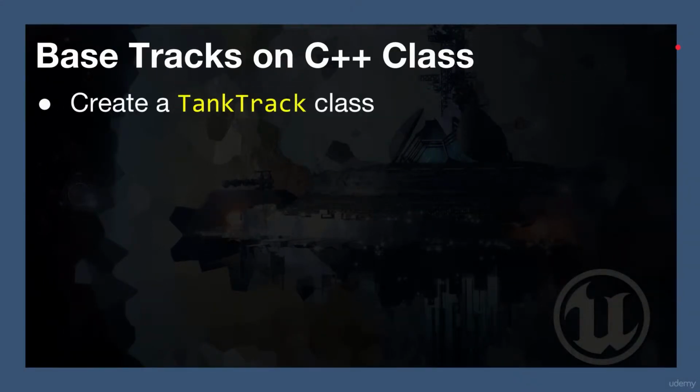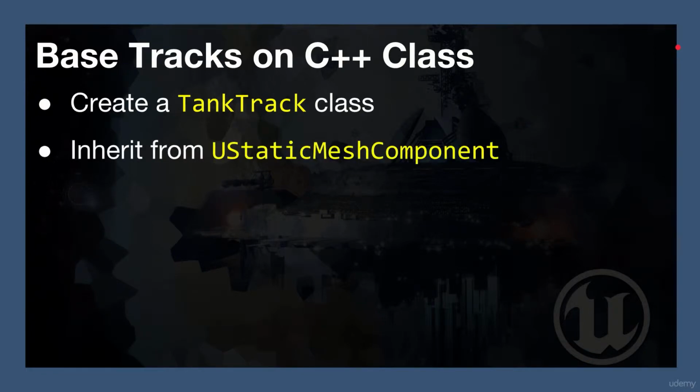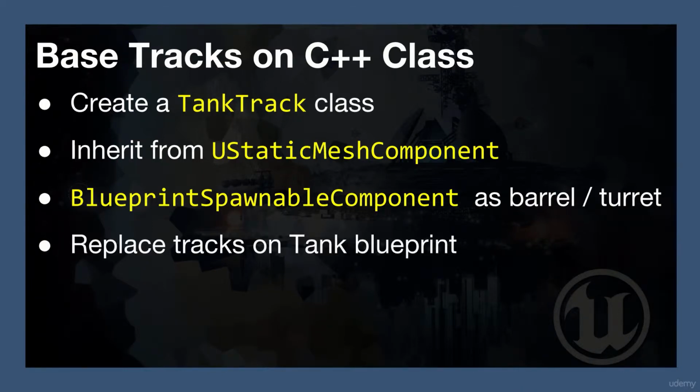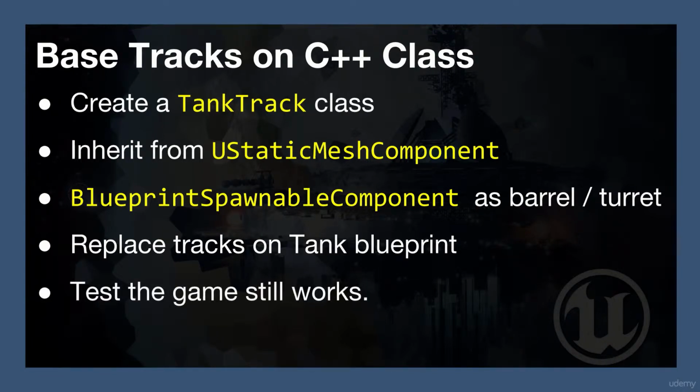Create a tank track class, inherit from UStaticMeshComponent, make it blueprint spawnable, very much like the barrel and the turret. In fact, this whole thing is very much like the barrel and turret. Replace the tracks on the tank blueprint and put the meshes back, and then just test that the game still works. Nothing will change, but you will, very importantly, have a C++ class in which you can write behavior about the tracks. So pause the video and base your tracks on a C++ class now.